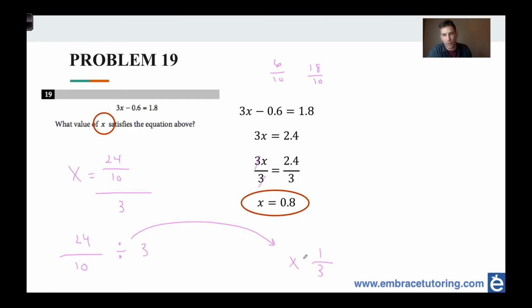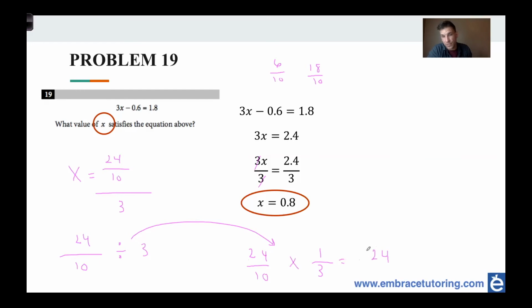So it becomes 1/3. So this becomes 24 divided by 10, times 1/3. And 24 times 1 would give you 24, divided by 30, which when you simplify this enough, you'll end up getting 0.8.